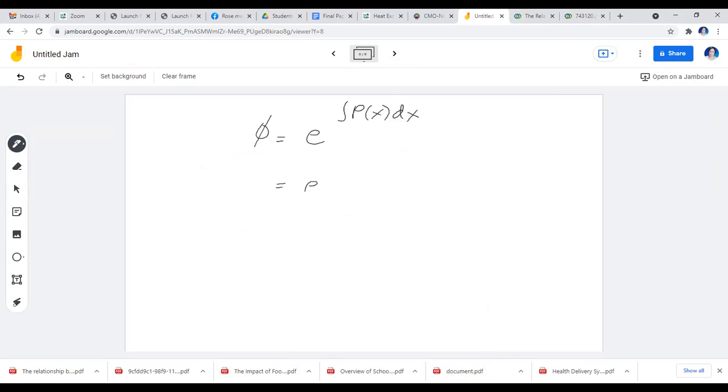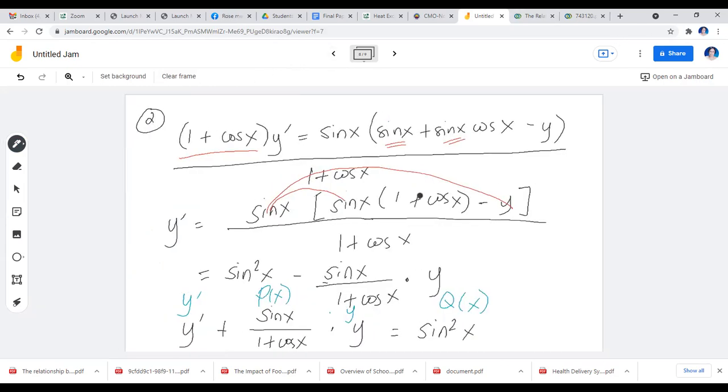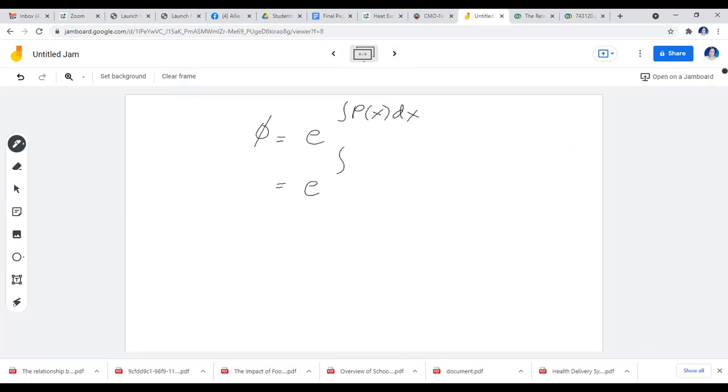On the previous page, you see that your p of x is this one, sine of x over 1 plus cosine of x. So I'll place here sine of x over 1 plus the cosine of x dx. So the rest would be your calculus in terms of evaluating this given integral.